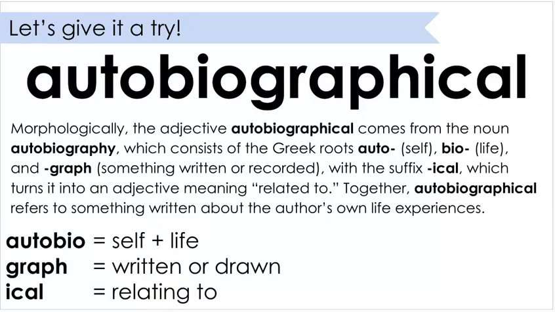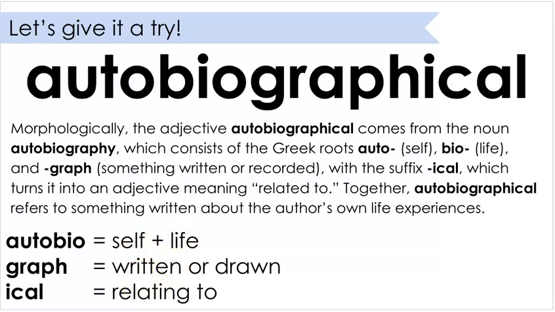Morphologically, the adjective autobiographical comes from the noun autobiography, which consists of the Greek roots auto, self, bio, life, graph, meaning something written or recorded, with the suffix ical, which turns it into an adjective, meaning related to. Together, autobiographical refers to something written about the author's own life experiences. So instead of biographical, which we learned earlier, this is you writing about your own life.